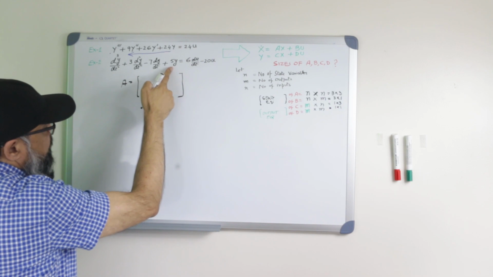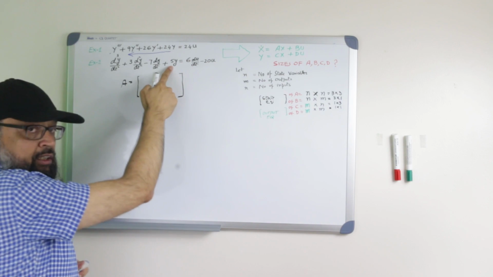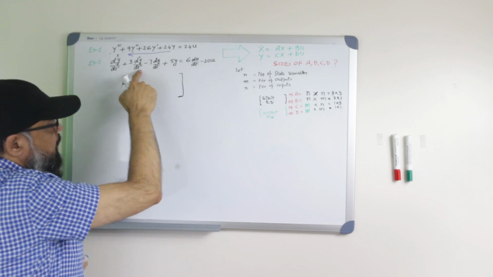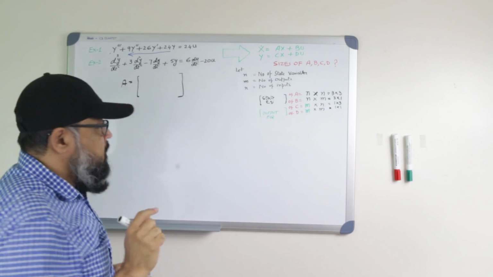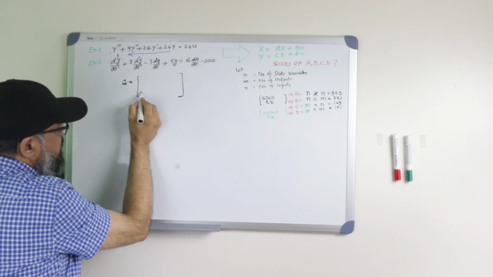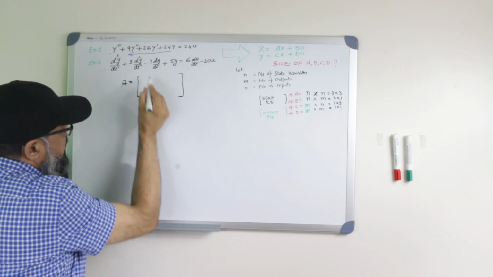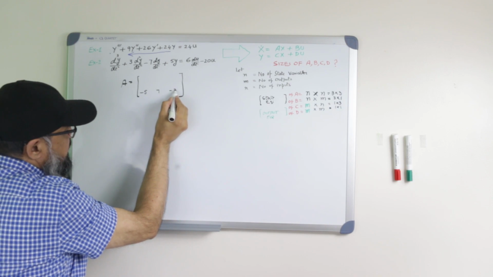start from y, go in the reverse direction, coefficient of y's, and then dy, and then the second derivative of y, and change the sign only in the third row. So minus 5 will be here, then this will become 7, and this will become minus 3.